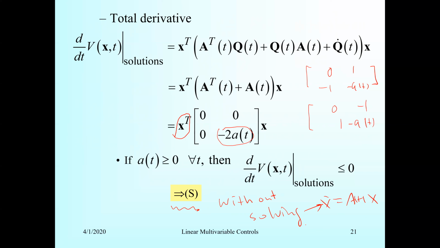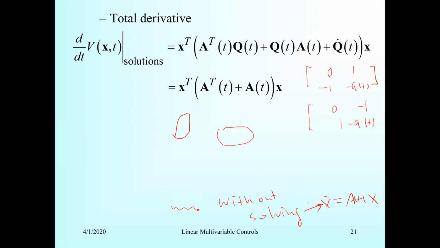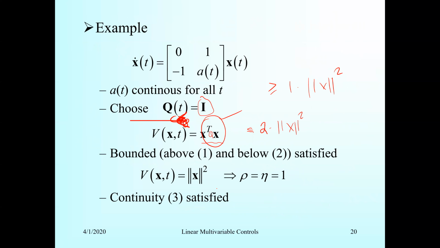Without solving this. Isn't this beautiful? Otherwise, you need to get the state transition matrix phi. You need to do that, and then you check the state transition is bounded. That's more tedious. So using the Lyapunov function is a better idea.